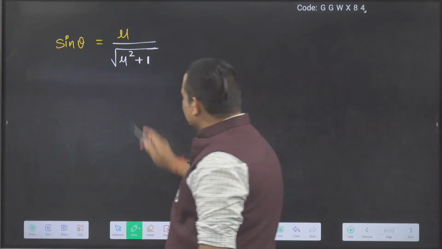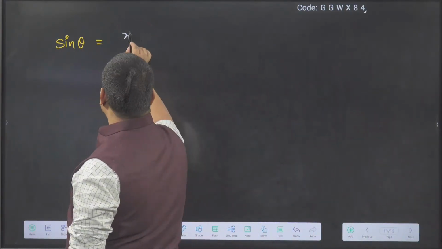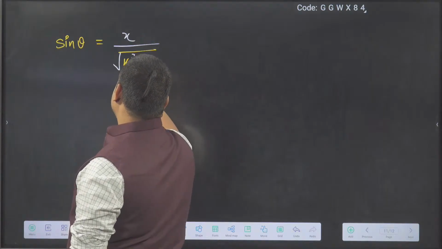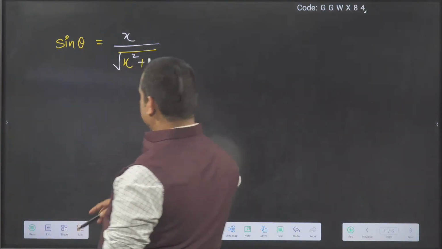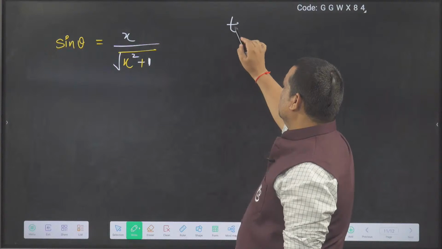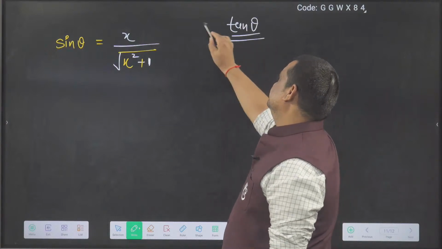Or better, I can remove the mu and write it in terms of x divided by root of x square plus 1. I am asking tan theta.